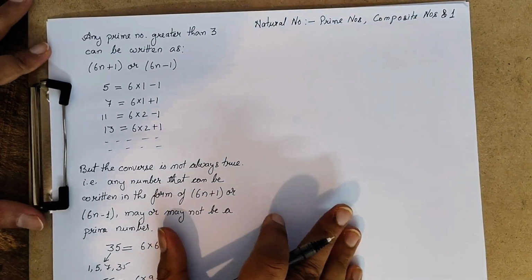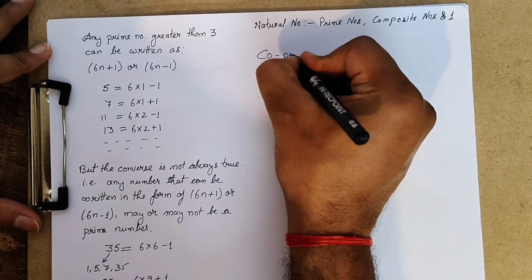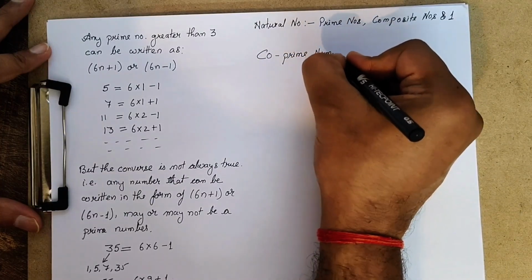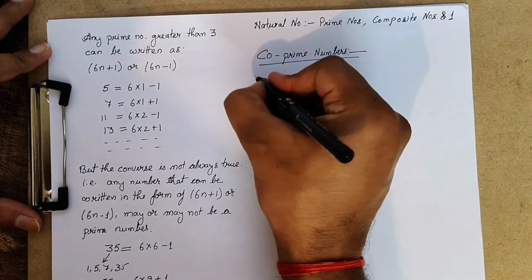Now let us understand one more type of numbers, that is co-prime numbers.